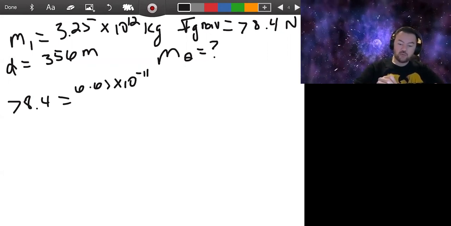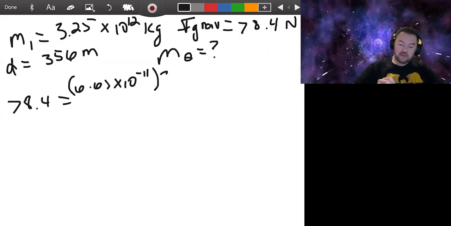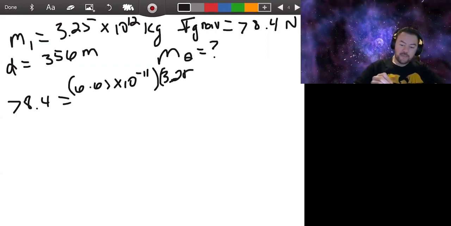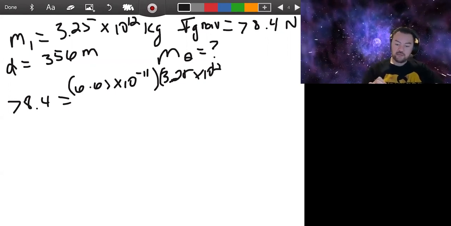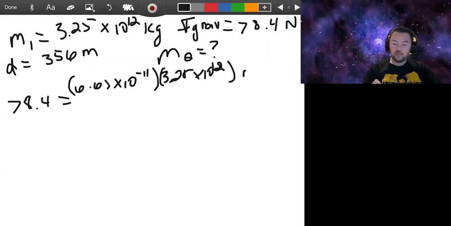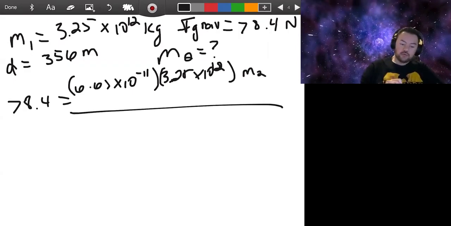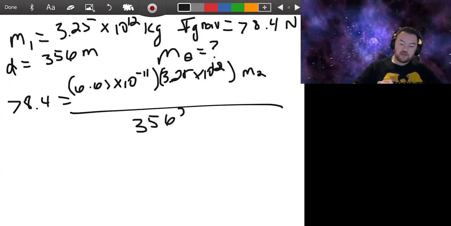And I know mass 1, which is 3.25 times 10 to the 12th kilograms. That's awful. And then I do not know mass 2. I do know the distance, which is 356 meters squared.